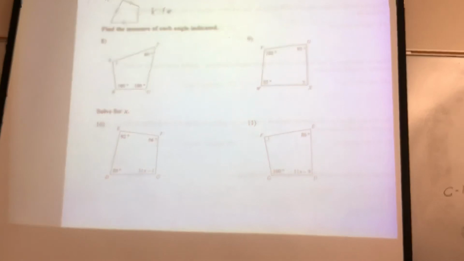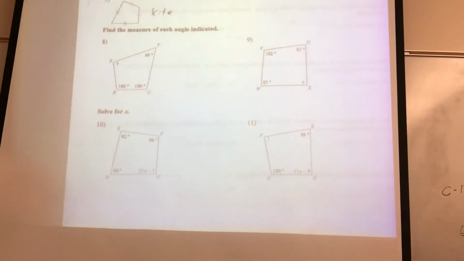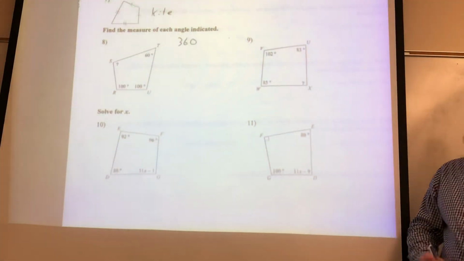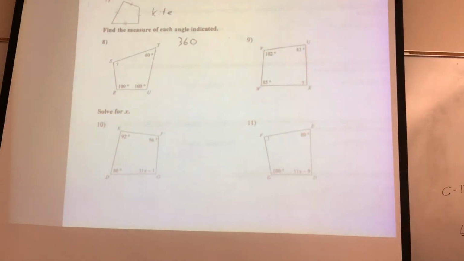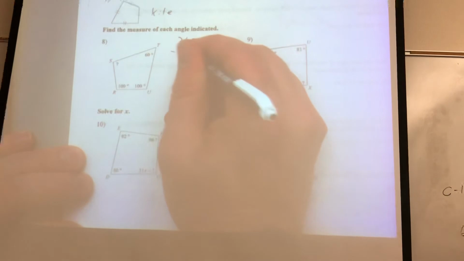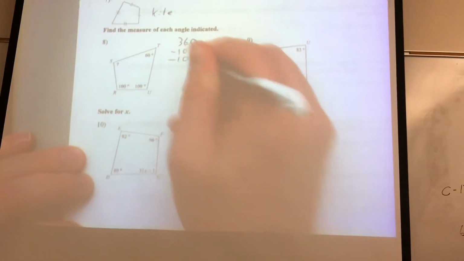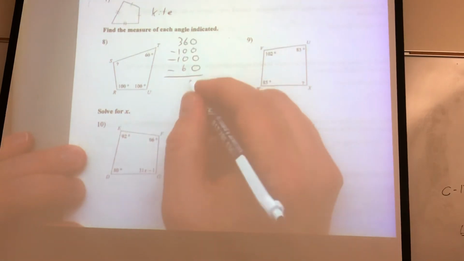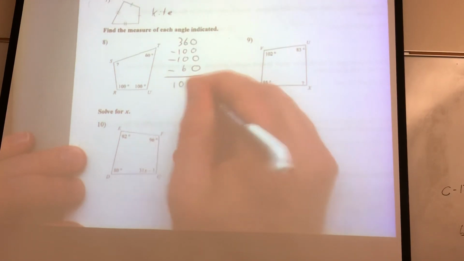The measure of the indicated angle on this one, this is going to be 360 degrees because it's a quadrilateral. It's a four-sided figure. So we subtract 100, we subtract 100, we subtract 60. That's 360 minus 260, which should be 100.